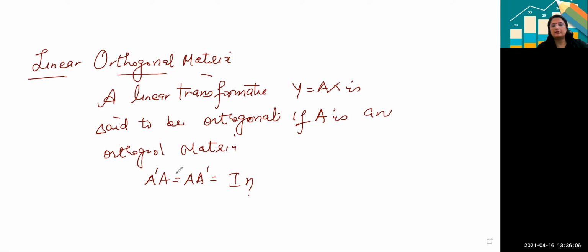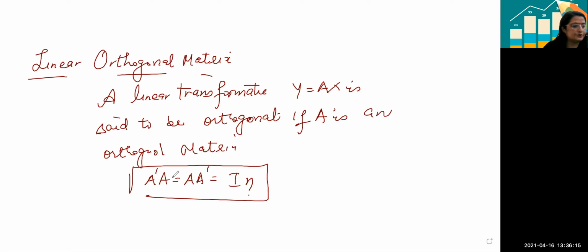So a square matrix, here A is the linear orthogonal matrix which satisfies this condition that A dash A is equal to A A dash is equal to I n, right? So we can use this, or we can use that summation of xi square is equal to summation of yi square, right?